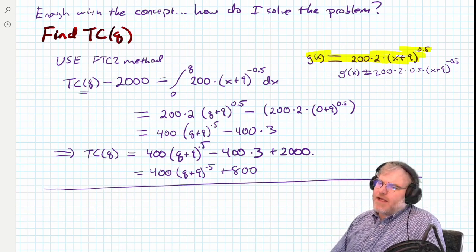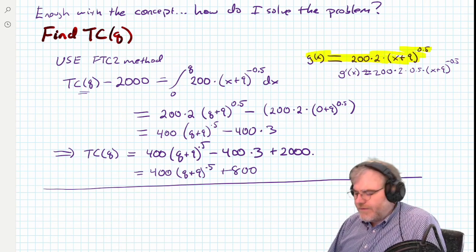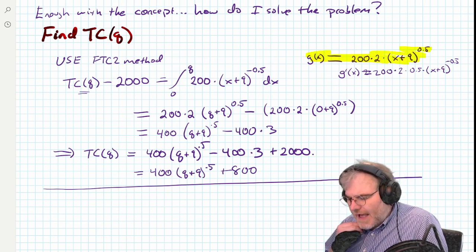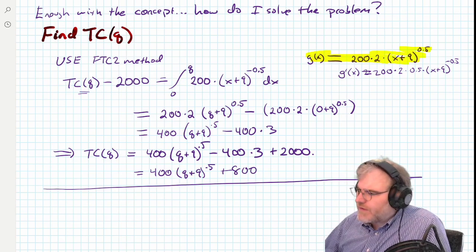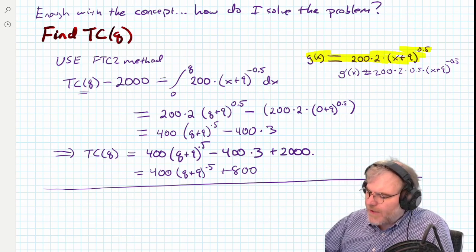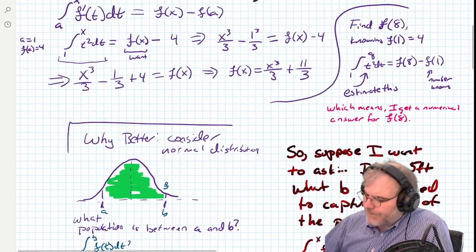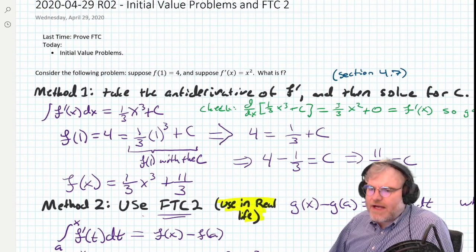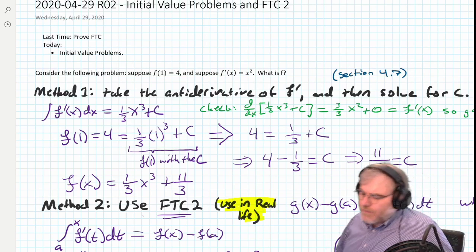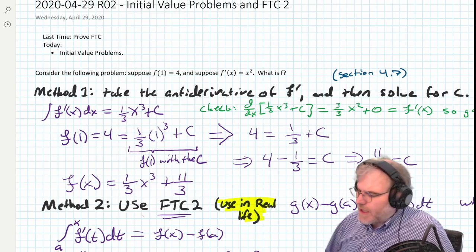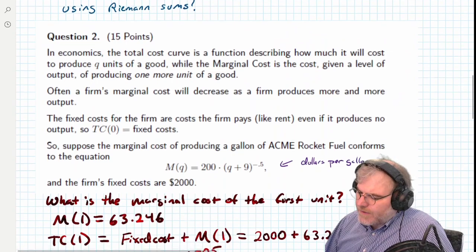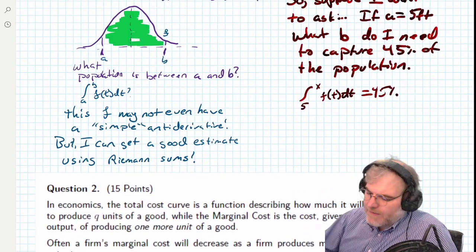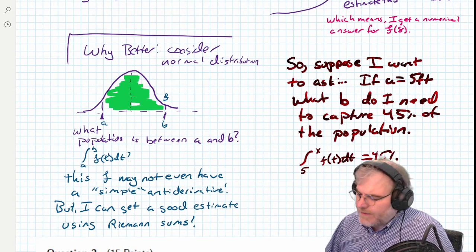And now our class sadly comes to an end. Okay, so today what we did was we talked a lot about initial value problems. We did a few examples. We showed that there were multiple ways to do it. We said why we wanted to do it, because we wanted to estimate things that were ugly.